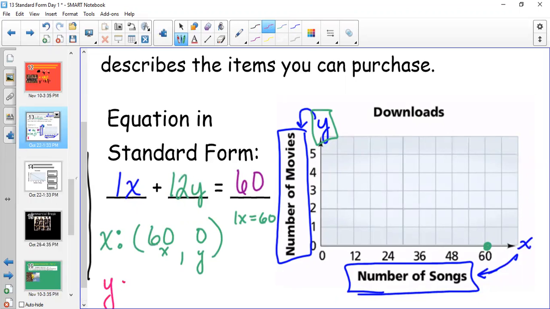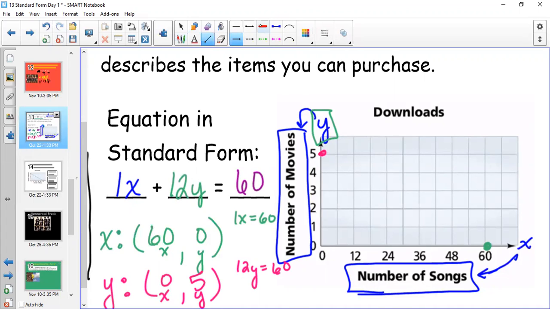Okay, if I'm finding my y-intercept, I want my x to be 0. My x term's going to go away. I'm going to end up with the equation 12y equals 60. And if I divide it by 12, our y would be 5. Plot that point on your y-axis. And I'm going to go ahead and connect those 2 points to make a straight line. Okay, now this straight line has all of our possible answers.